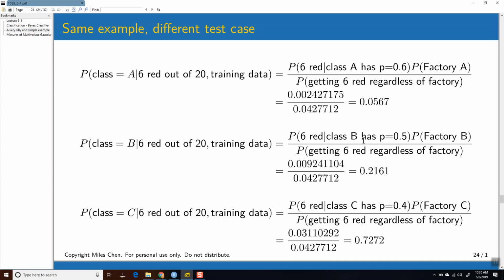And the resulting probabilities are going to be something like 0.0567, 0.021, and 0.72. So we get different results this time.